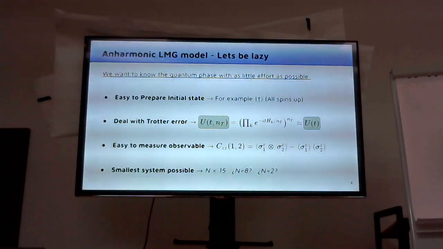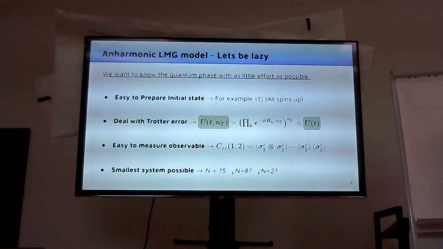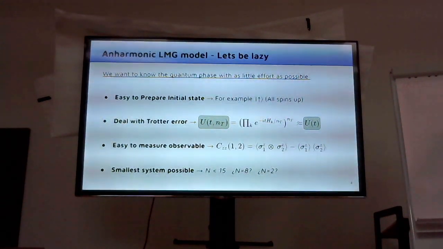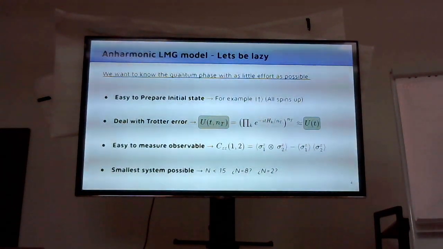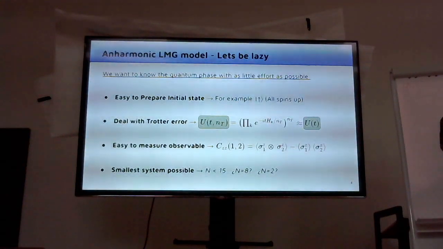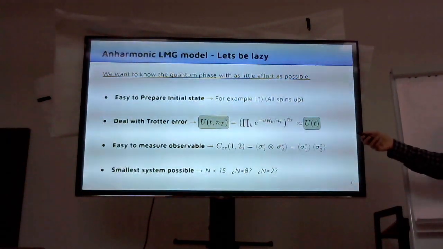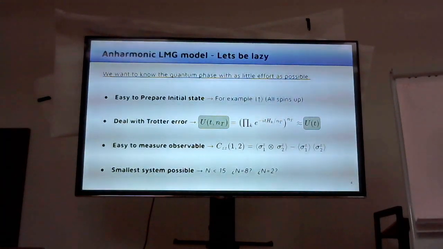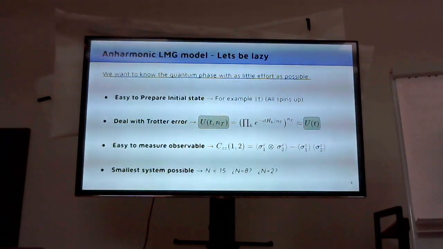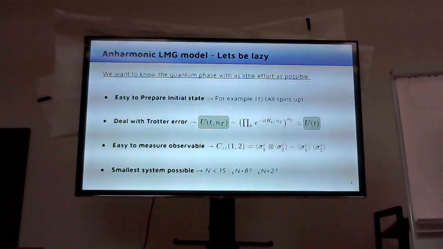The thing is that for a system with size 15, you need 16 qubits, because of the Hilbert space. I'm making myself confused, but yes, for a system size of 15, you need 16 qubits. And you have 16 different energy levels.